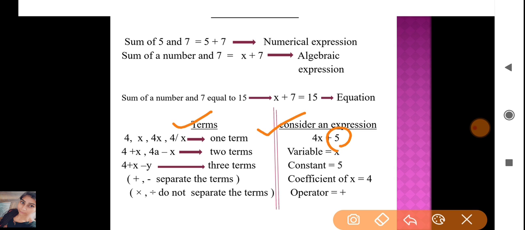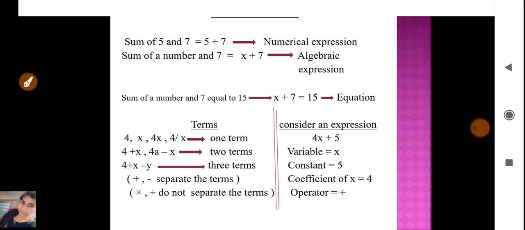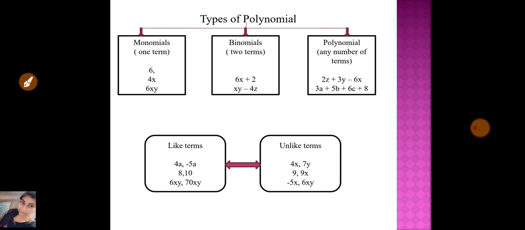Coefficient of x means the numerical value which is either the product or division of x. So it is 4. Now what is the operation that we used here? The operation that we used here is a plus sign. So the operator is plus. Now let us go to the next topic, that is types of polynomials.